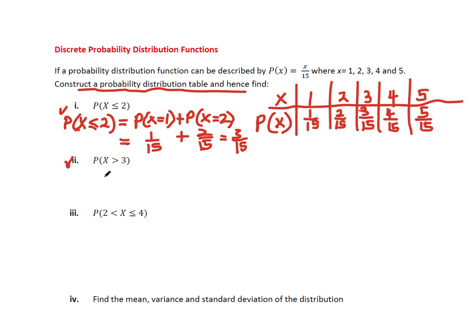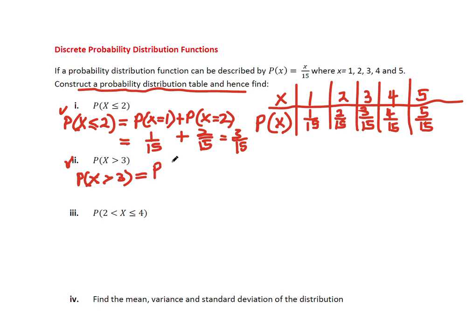And then we go to the second question. What is the probability that x is greater than 3? The probability that x is greater than 3 would be the probability that x takes on a value higher than 3. And what are the values in this probability distribution table that are higher than 3? They are 4 and 5.